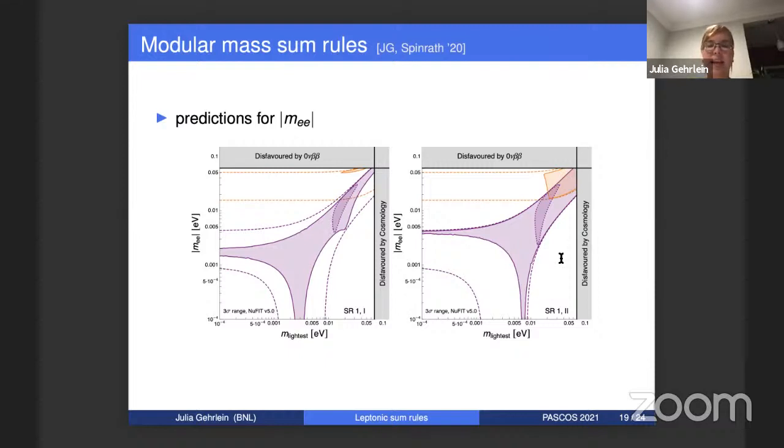And we see that for inverted ordering, only a very small region is predicted in these models. And for inverted ordering, also a very heavy absolute neutrino mass is predicted, whereas in normal ordering in this model, the lightest neutrino mass can go actually very close to 0.